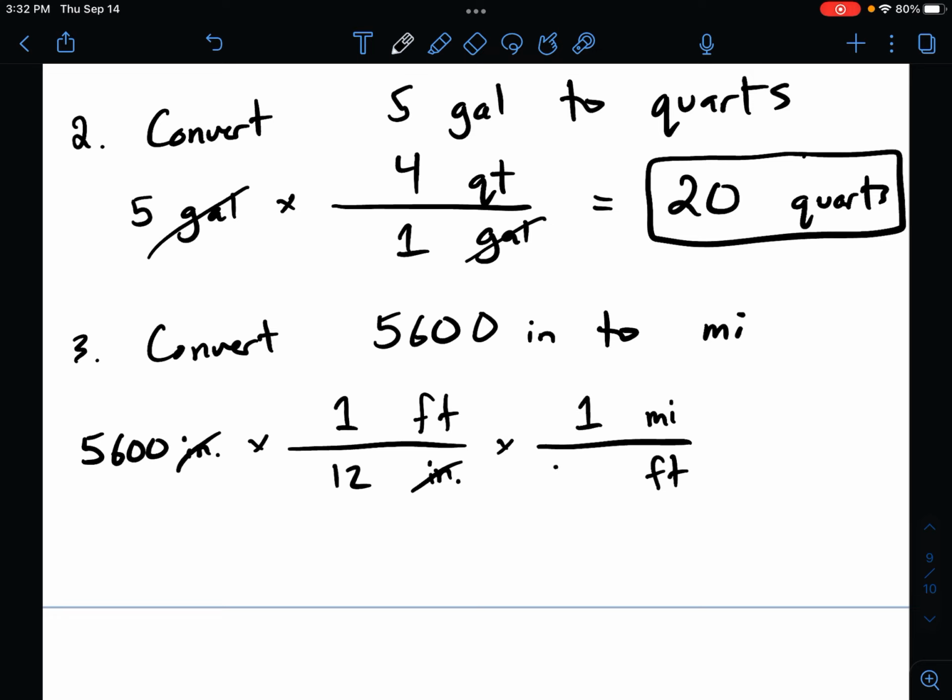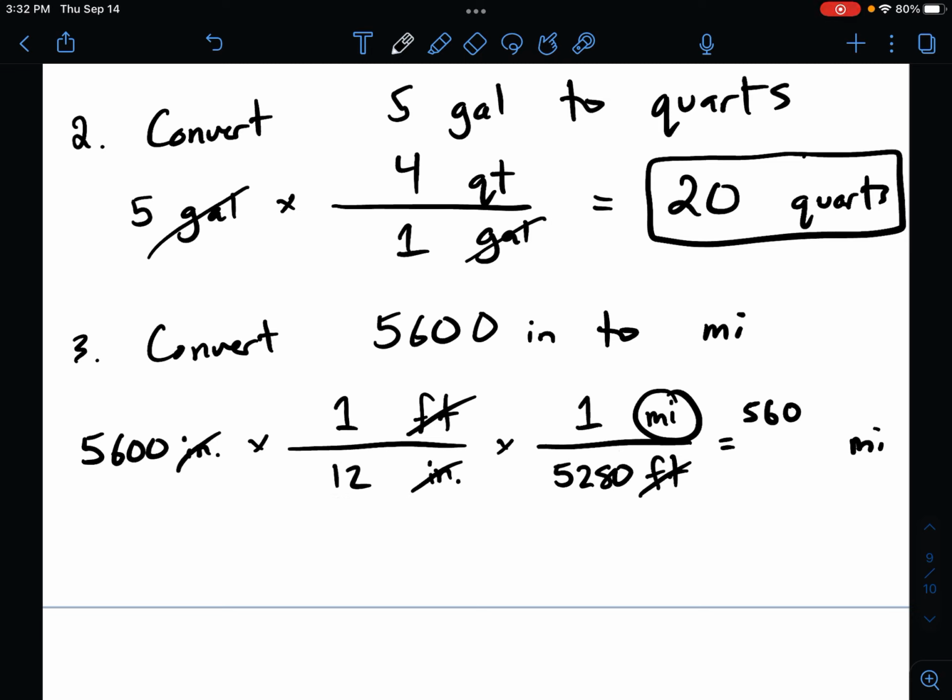We know that in 1 mile, there are 5,280 feet. We see that the feet cancel on top and bottom. So now I'm left with miles, right? Miles are my only units. All my other units are gone, canceled out. So now I end up with this many miles. And this is going to give me 5,600 in the numerator. And then in the denominator, I have to multiply 12 times 5,280.